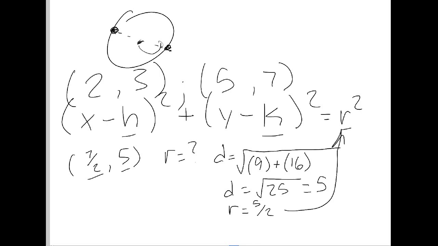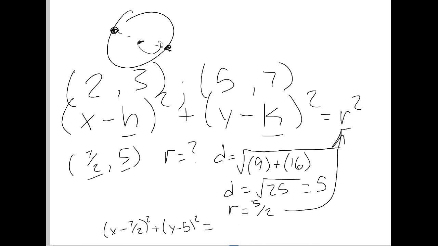Well, if we look up here, radius needs to be squared. So our equation would look something like this. It would go (x - 7/2) squared plus (y - 5) quantity squared equals.